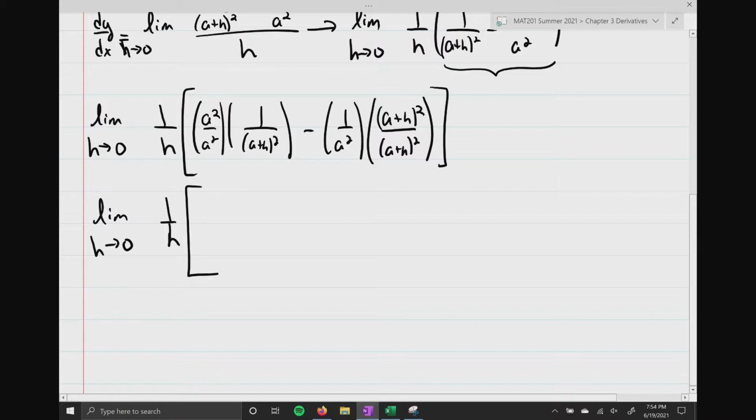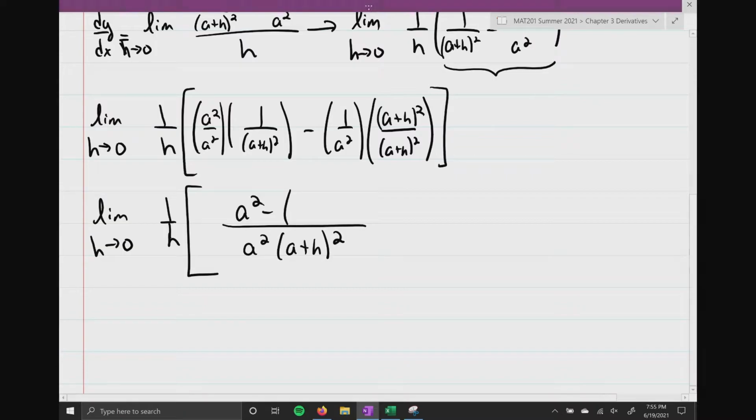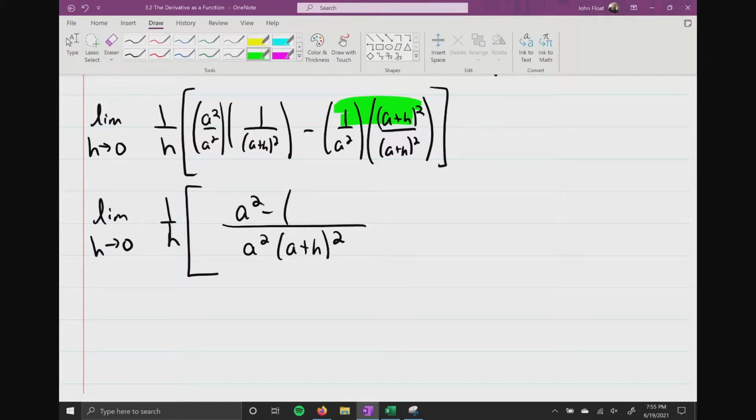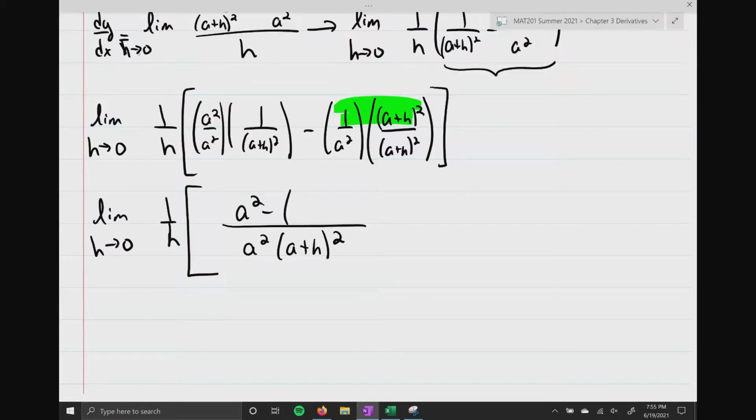Now I'm going to write one denominator and then one numerator. So a squared times 1 is going to be a squared minus parenthesis, because let me highlight this so you know what I'm talking about. That is going to be one whole quantity there, so you have to make sure you put it in parentheses. So it's going to be minus a plus h quantity squared, because 1 times the quantity a plus h squared is just that.